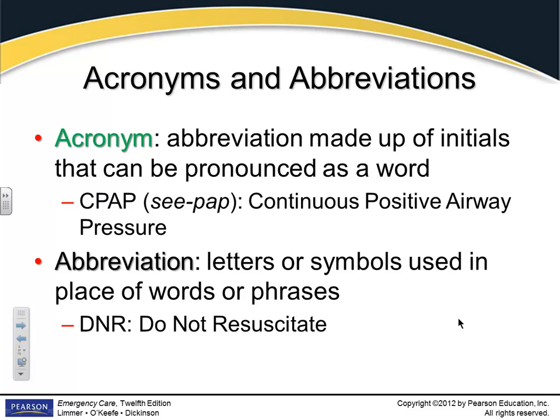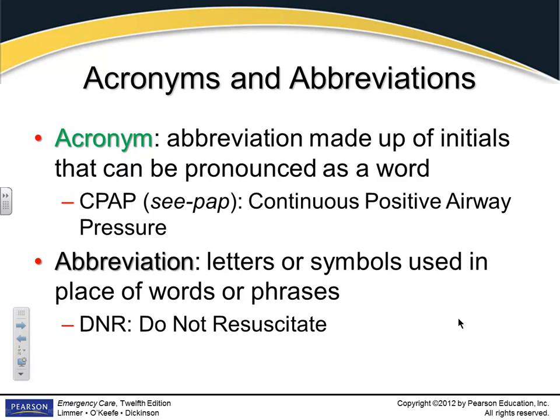All right. Okay, we're also going to be talking about different acronyms in here. An acronym is going to be an abbreviation made up of initials, like one we use with the sample. We talked about getting a sample history, and that's S-A-M-P-L-E, and we'll talk about those later. But there'll be quite a few that we'll use in here. And some other things you'll see, like CPAP.